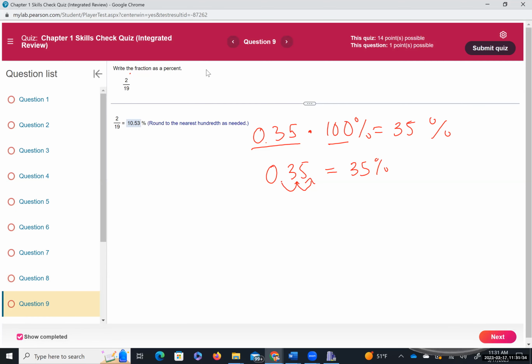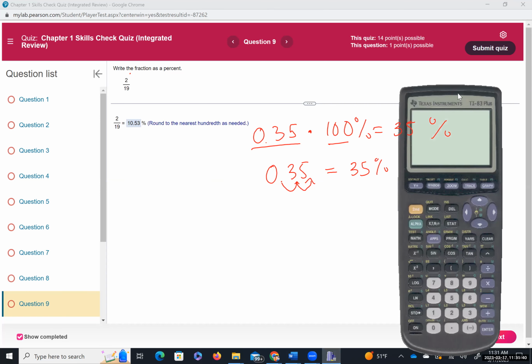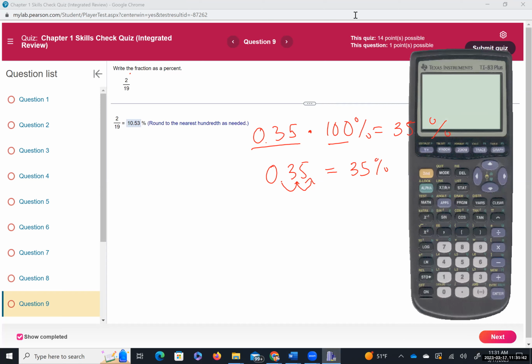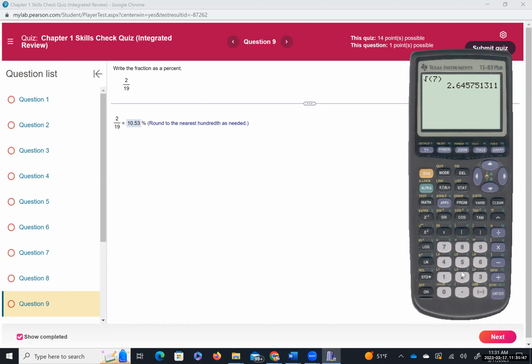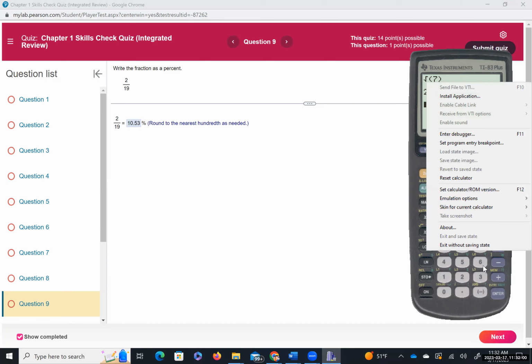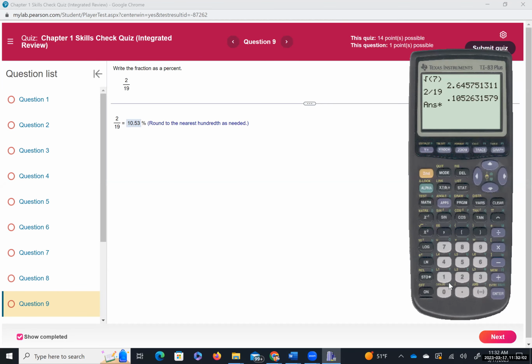All right, so they ask you to write the fraction as a percent. Okay, so let me teach you this with the calculator. Let me clean this up. What you do is you do 2 divided by 19, right? And then you have it as a decimal number, and you multiply by 100 to get the percent.